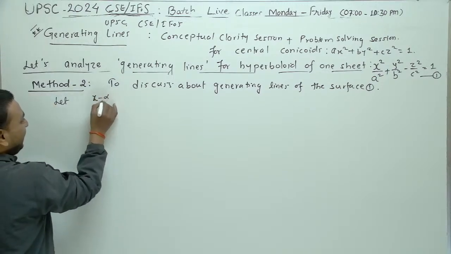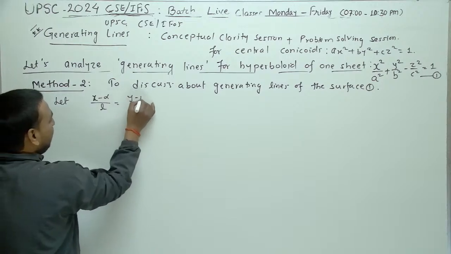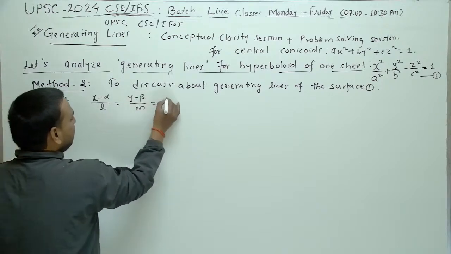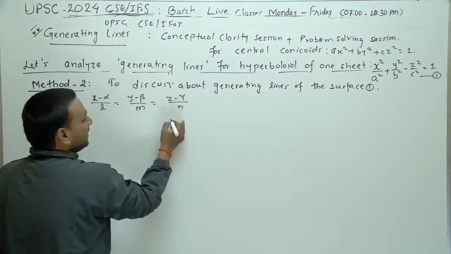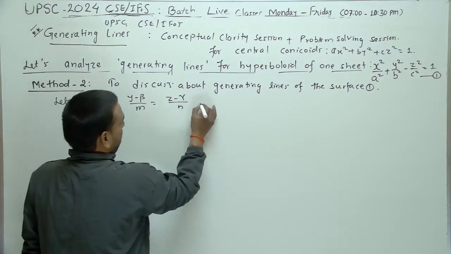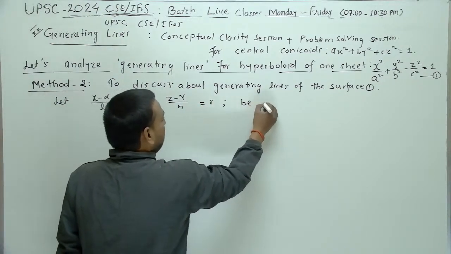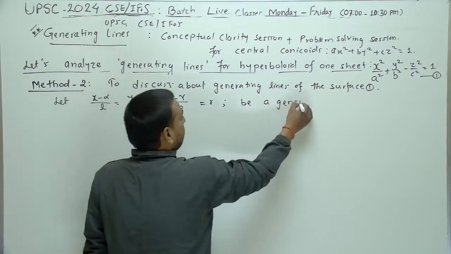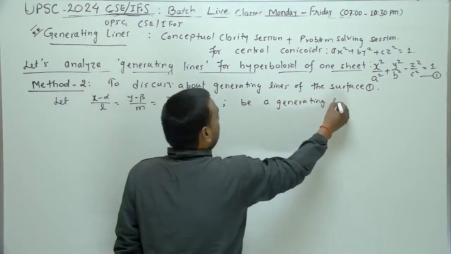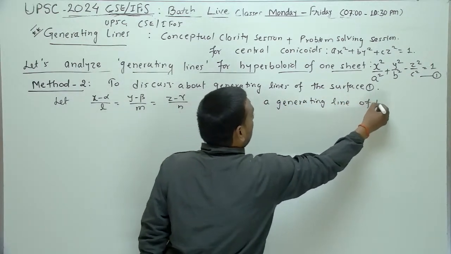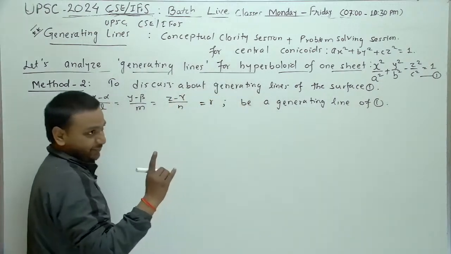Let (x minus alpha) equals (y minus beta) equals (z minus gamma) upon n equals r, obviously r is the parameter. This is a generating line of the surface 1.